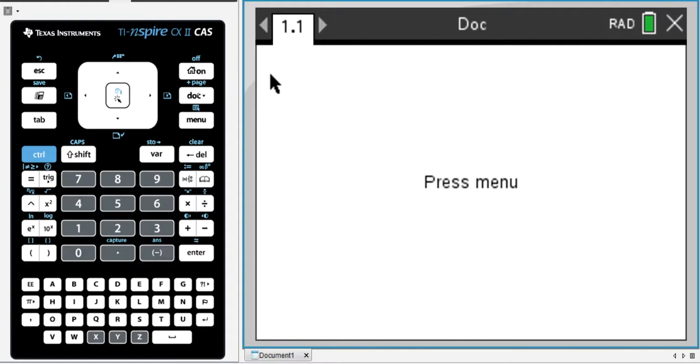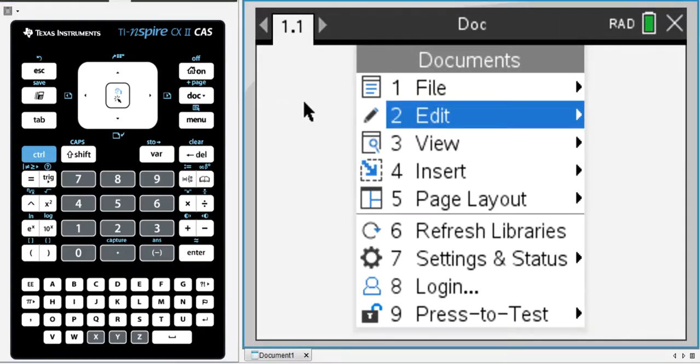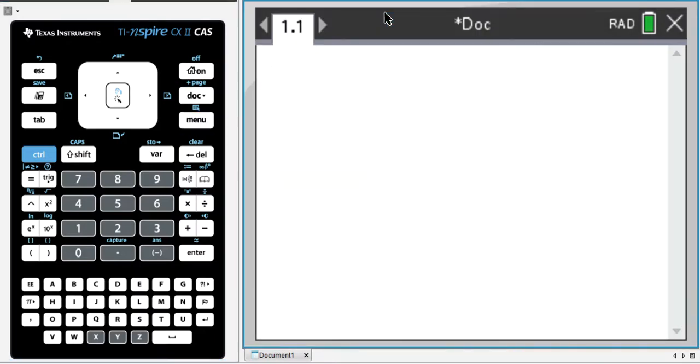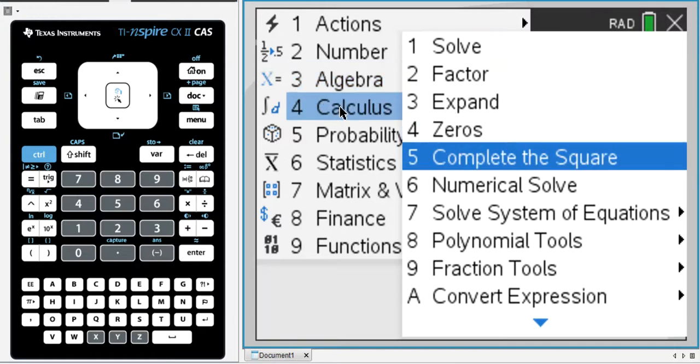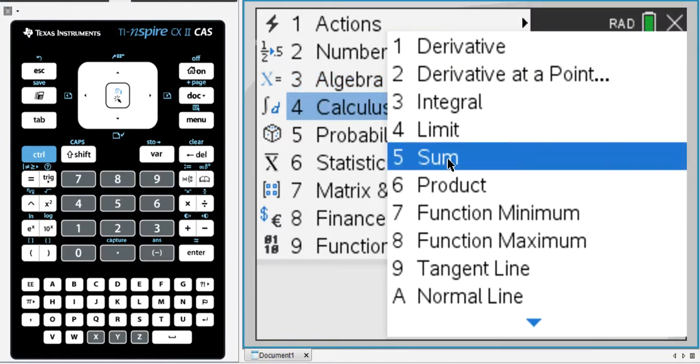But if we create a new document, and add a calculator page. Inside the menu option within our calculus subgroup, there is an option to execute a series of sums.